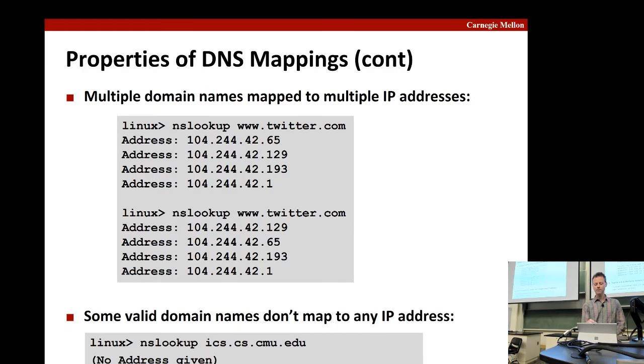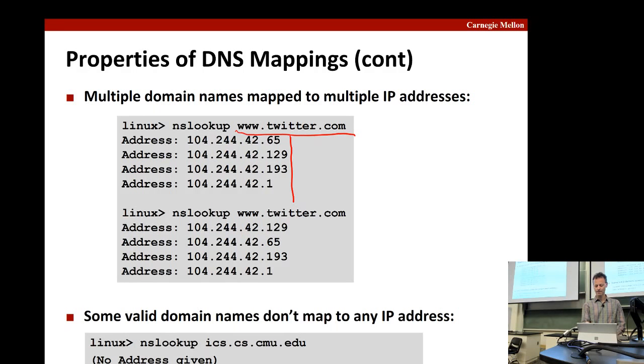You can also have the flip side, which you may be familiar with. If you have a really popular site like Twitter or Google, it's going to have a whole slew of IP addresses that all correspond to the same domain name. Any service has choices, and that's just a way of increasing throughput, balancing load, and so forth.